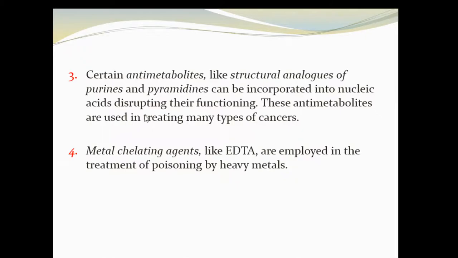So they act as antimetabolites. Next, chelating agents like EDTA are employed in the treatment of poisoning by heavy metals. So these drugs will act by chelating the heavy metals. So their mechanism of action is not enzyme based or receptor based, they just bind to that metal.